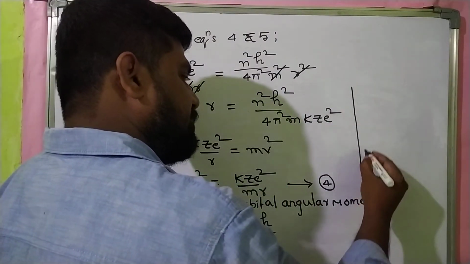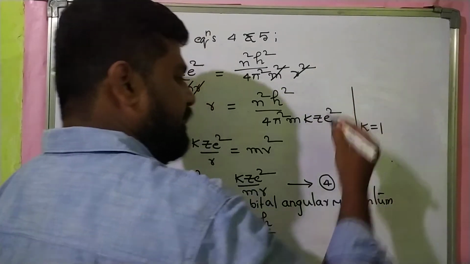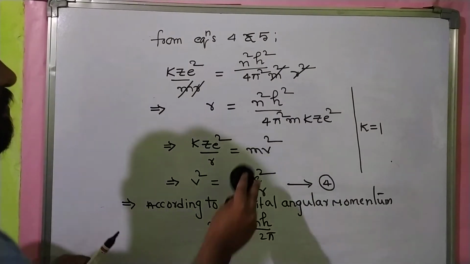Now in the CGS scale, the K value is taken as unity, K equal to 1.